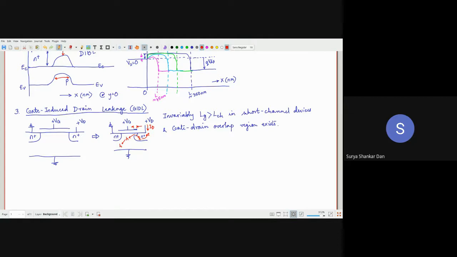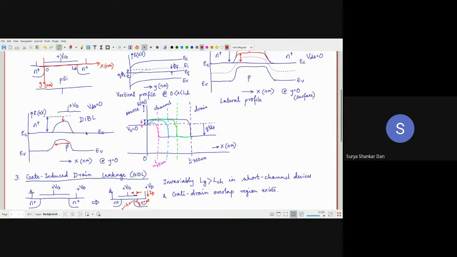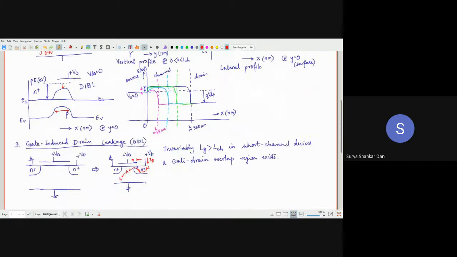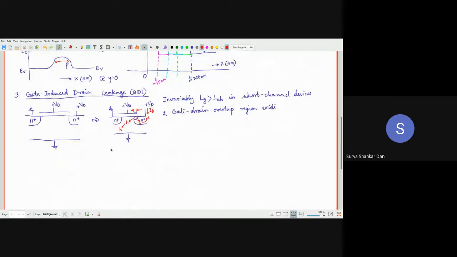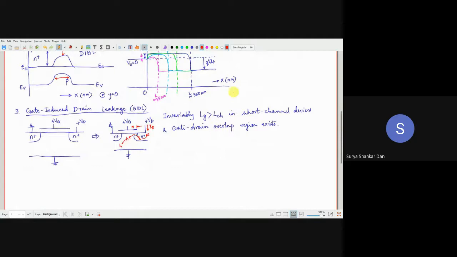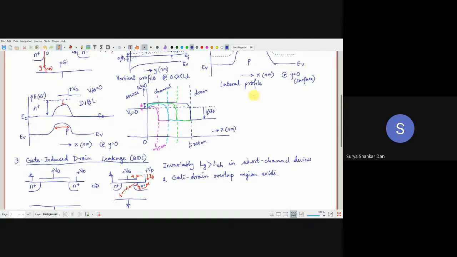This leads to a very important phenomenon that we will now understand with the help of this DIBL and the GIDL phenomenon. So remember our original diagram of the log ID versus VGS plot.